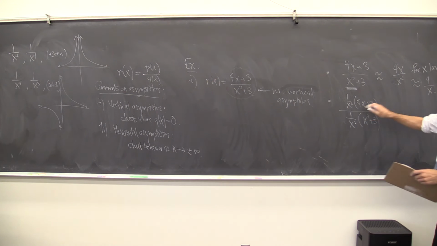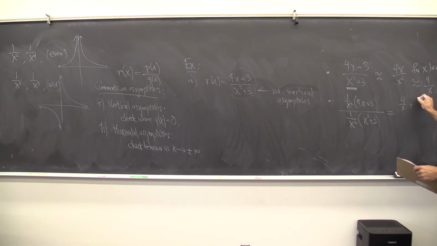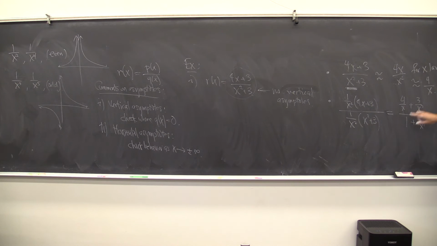You see what's going to happen. This is going to be 4 over x plus 3 over x squared. On the bottom, I'm going to get 1 plus 3 over x squared. And as x goes to infinity, these guys basically become 0. We get like 0 over 1. So for x large, this is basically 0.